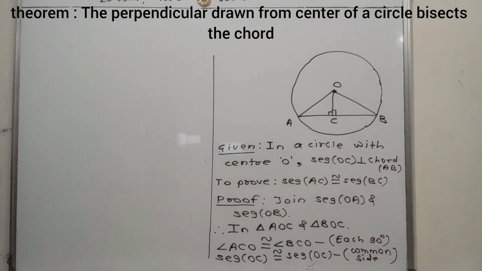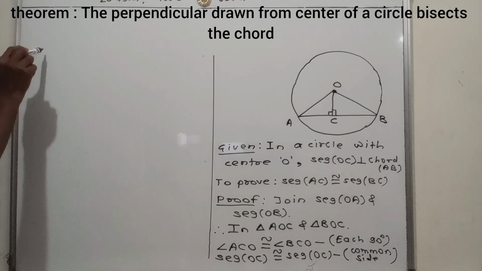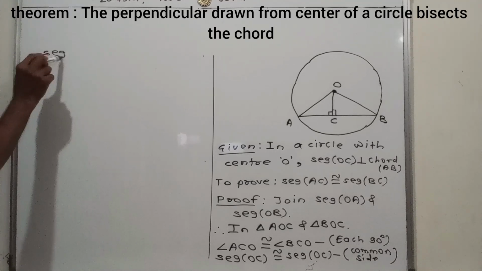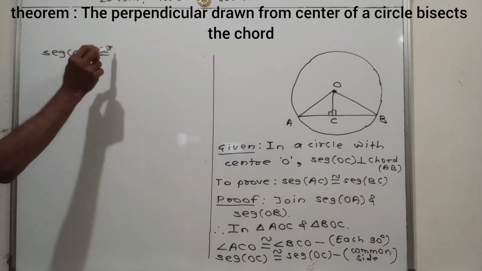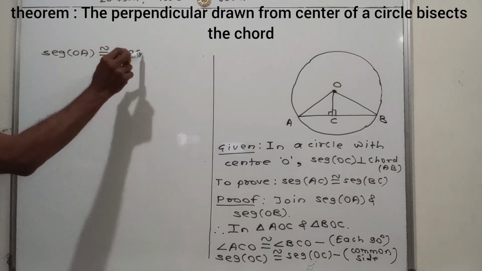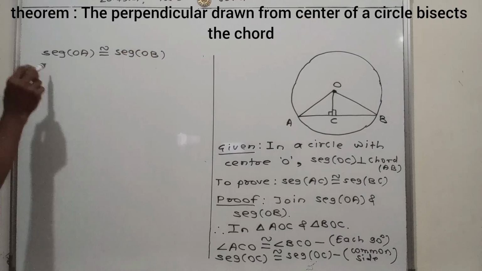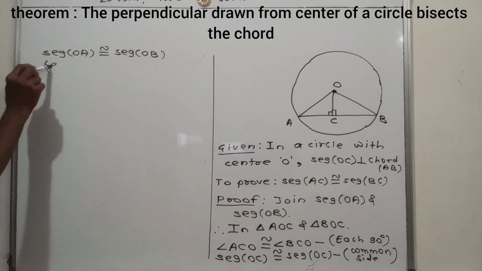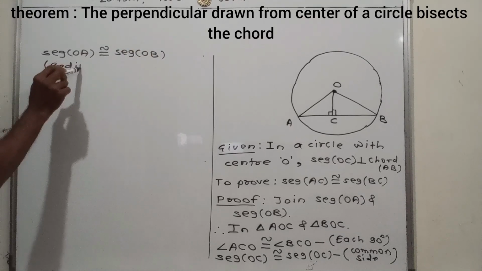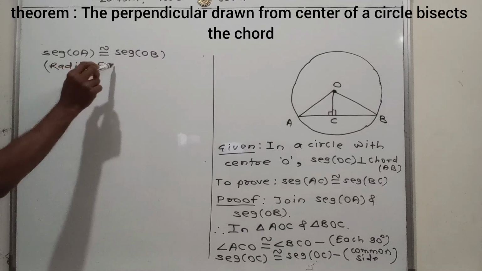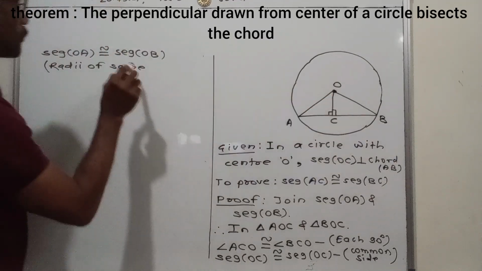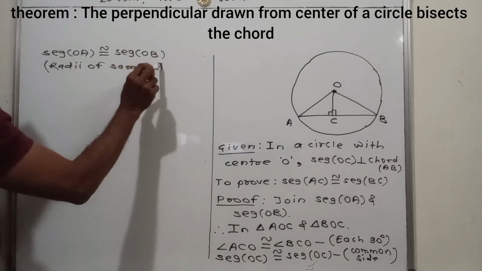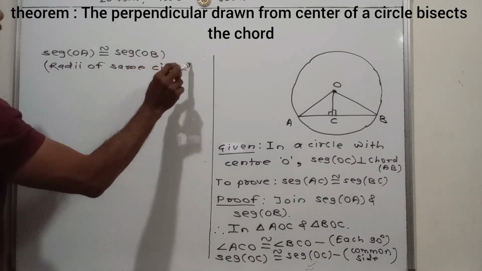Then Didi, very good, segment OA congruent to segment OB. What is the reason? Very good, radii of same circle.